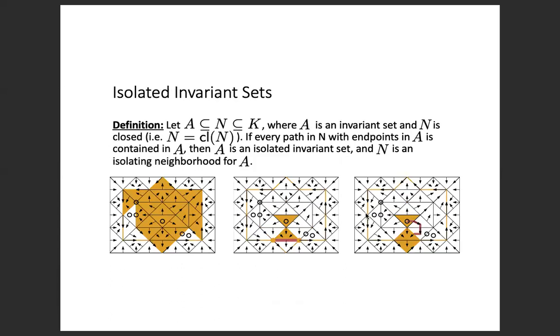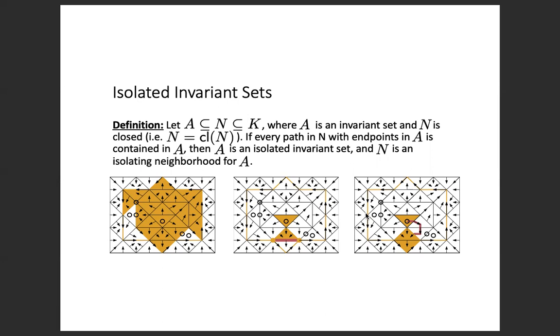And briefly going to reintroduce isolated invariant sets. As was mentioned by Thomas, we have this technical condition of being V compatible, but that's not very critical for our understanding here. The key point to recognize is that for an isolated invariant set in a closed set N that contains the invariant set, the invariant set is isolated by N if it's not possible to follow a path that starts in the invariant set, stays within the isolating neighborhood, and re-enters the invariant set.